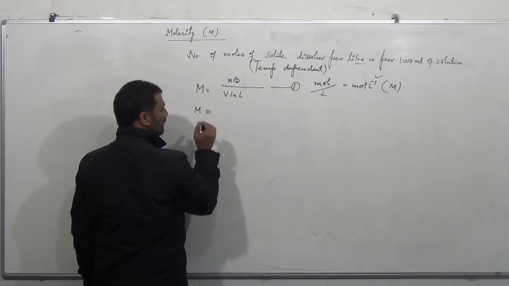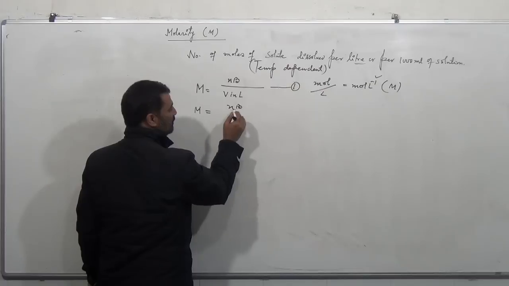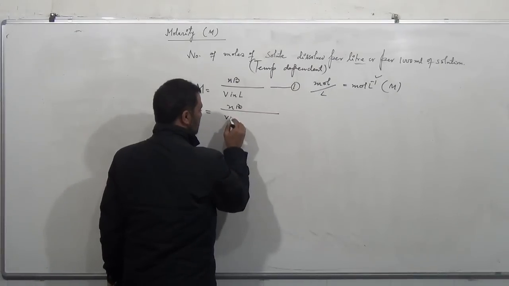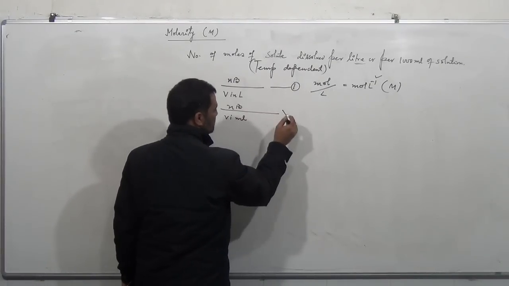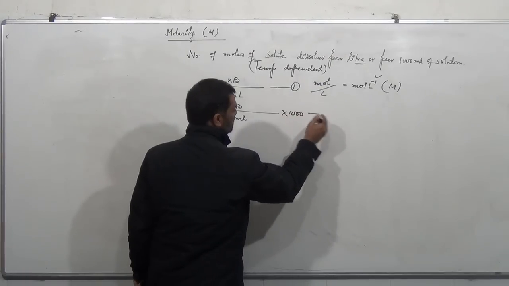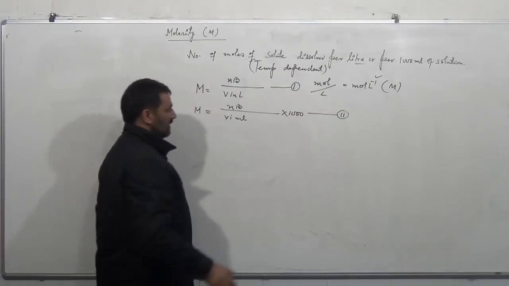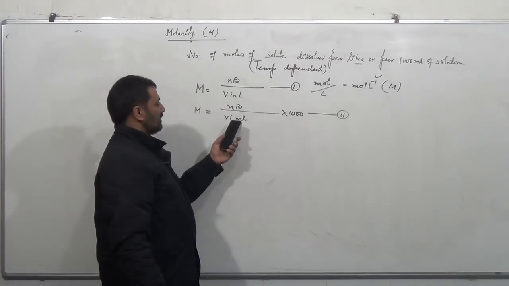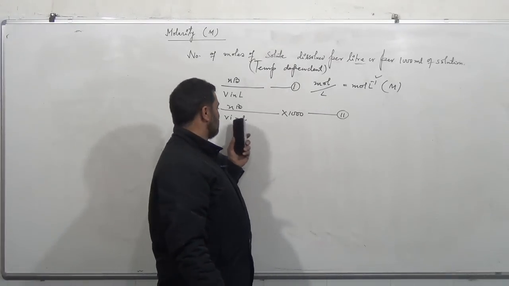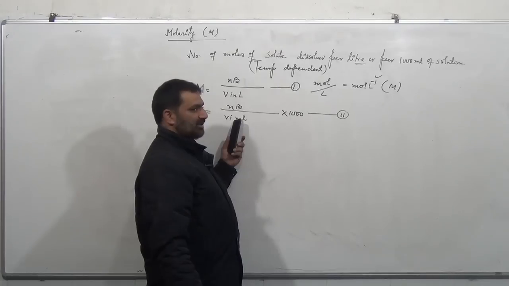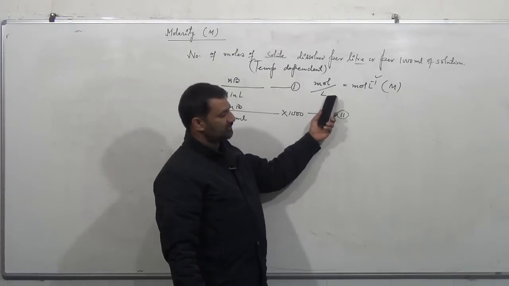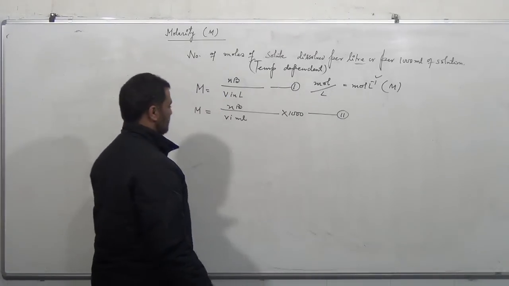Similarly, molarity is equal to the number of moles of solute divided by volume in milliliters, multiplied by 1000. So this is equation number 2. Why multiplied by 1000? Because even if you use milliliters here, the units should still be moles per liter.